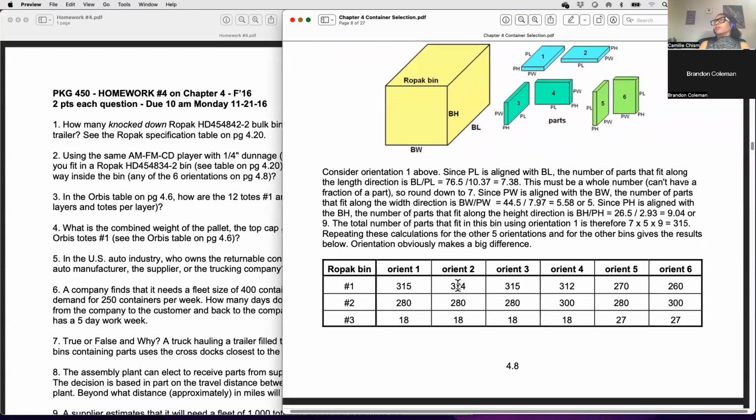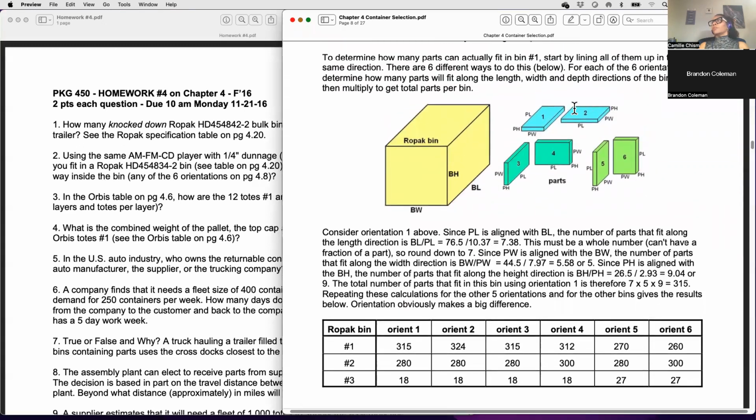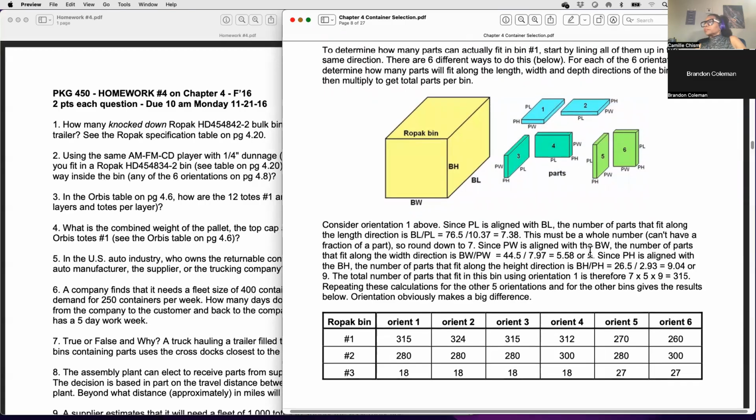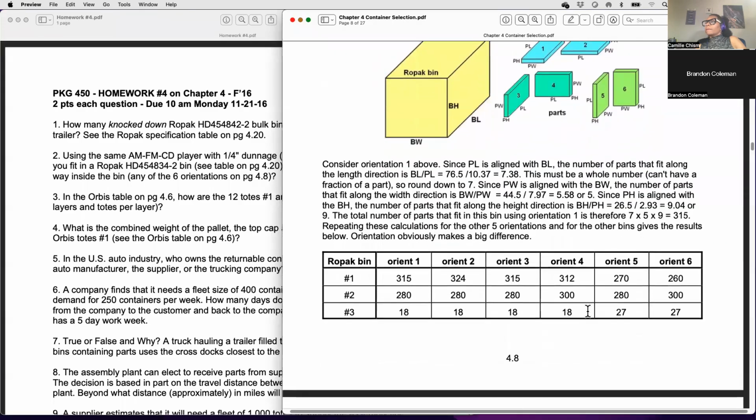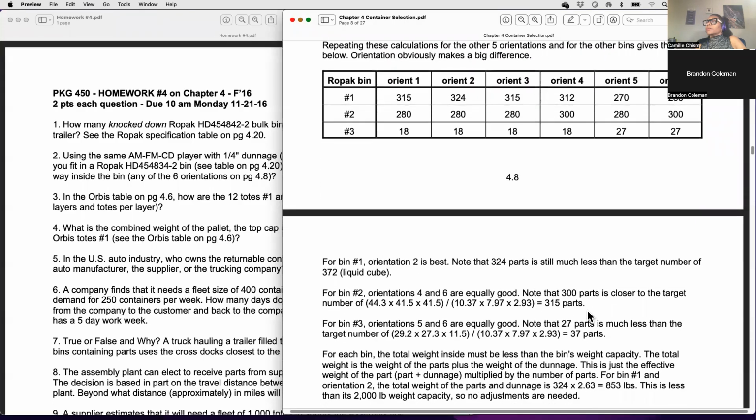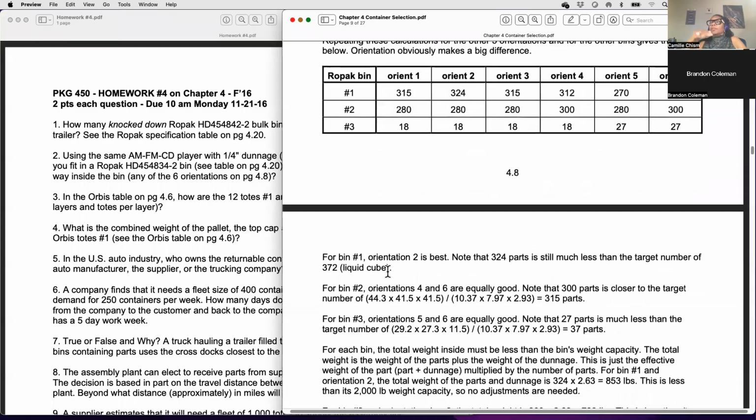Roll pack bin number 1 with the parts in orientation number 2. You're going to get 324 of the radios into a roll pack if you put them into the bin in this orientation. So this says that for bin number 1, orientation 2 is the best. That's what we have.